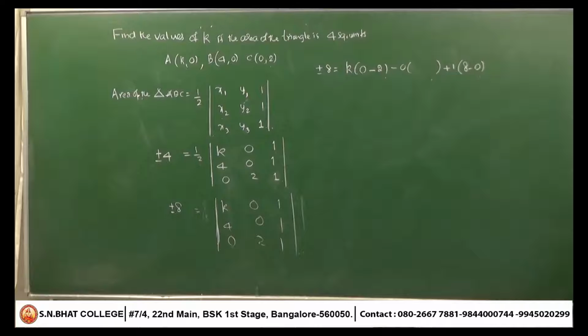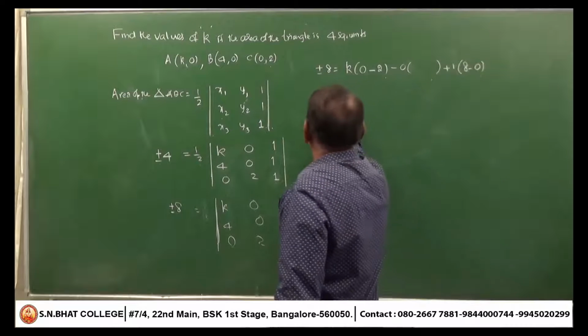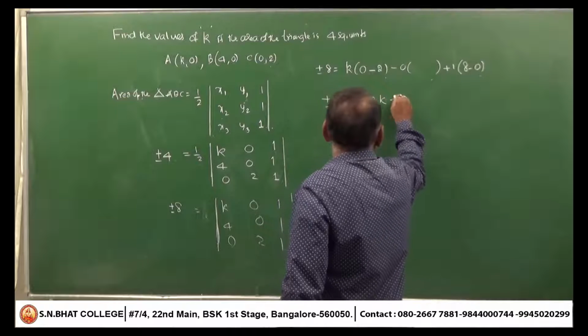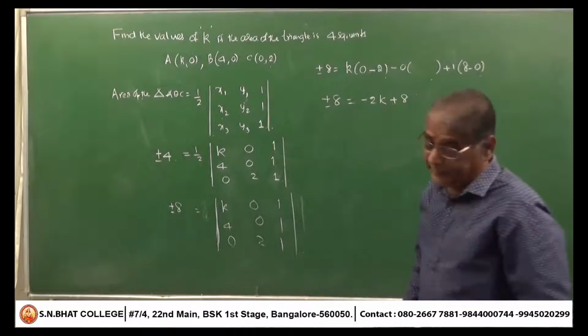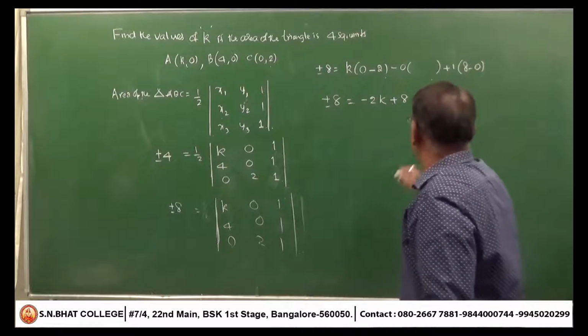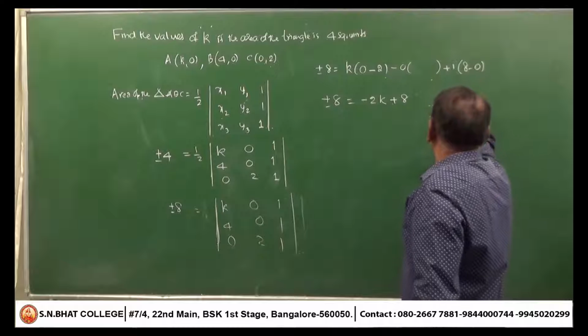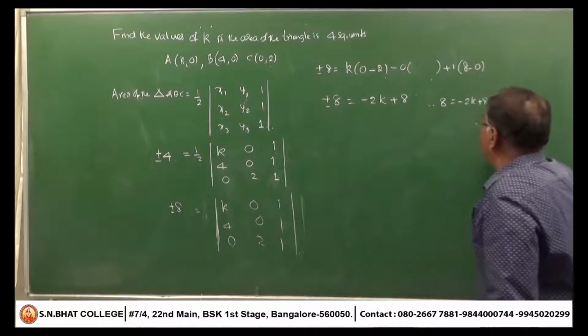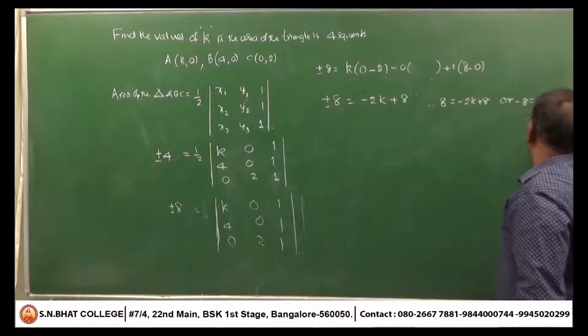Evaluate the determinant. This is plus or minus 8 is equal to minus 2k plus 8. Once you take plus 8, once you take minus 8. Therefore, 8 is equal to minus 2k plus 8, or minus 8 is equal to minus 2k plus 8.